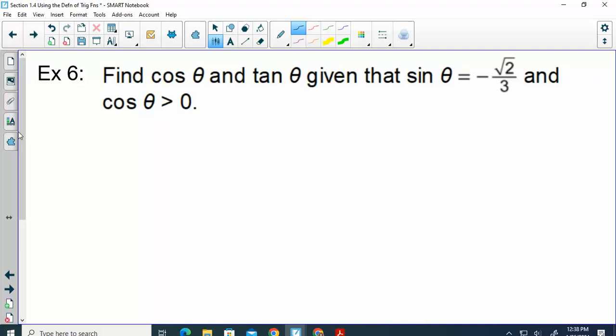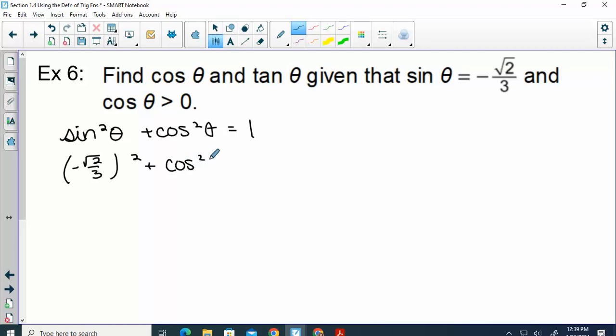Okay? If I want cosine, I could use my Pythagorean identity. Sine squared theta plus cosine squared theta equals 1. Okay. Sine was negative radical 2 over 3. Negative radical 2 times negative radical 2 is positive 2. 3 times 3 is 9.